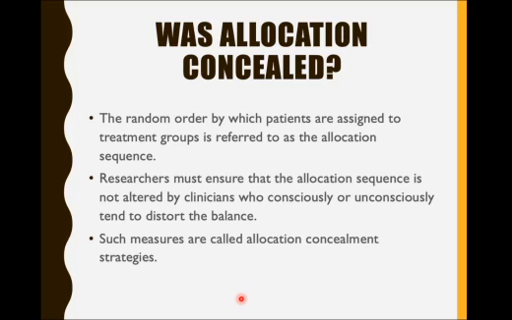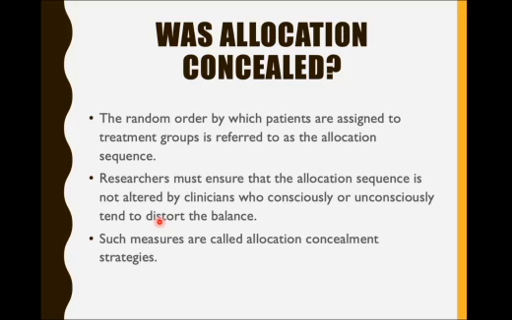Now, the next question is, was allocation concealed? You see, the random order by which patients are assigned to treatment groups is referred to as the allocation sequence. Researchers must ensure that the allocation sequence is not altered by clinicians who consciously or unconsciously tend to distort the balance.